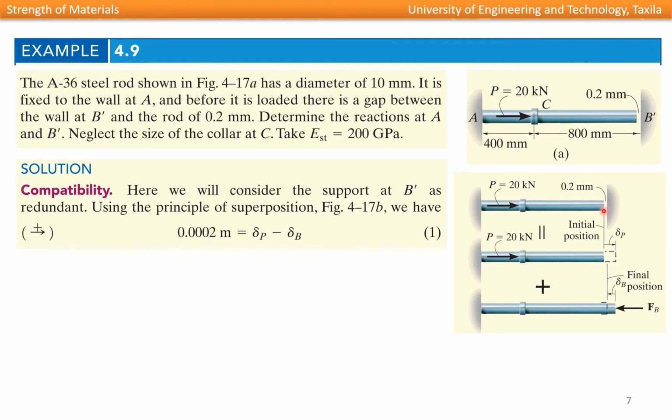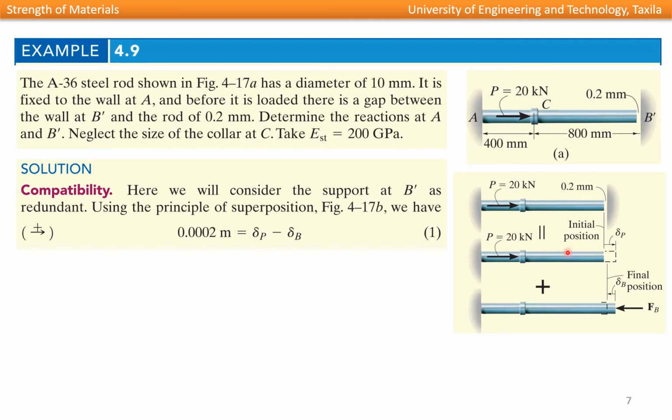So first this end will move by 0.2 mm and then it will come in contact with the wall at B prime, and then a reaction force FB will be developed. So temporarily we will remove its effect, or we can think that we are removing this wall.